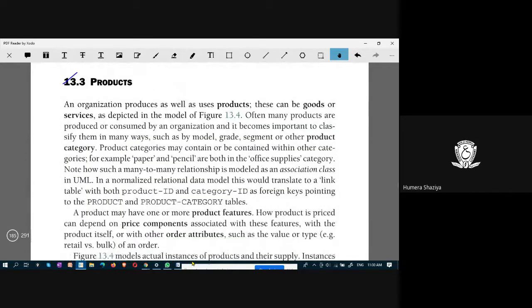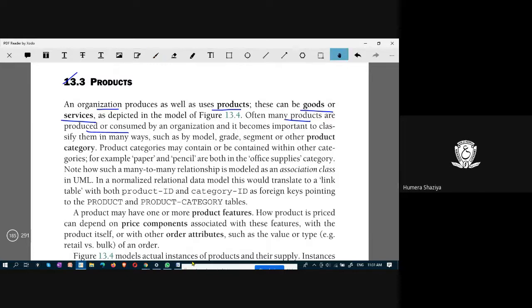Moving forward, it is a product, that is the next core element in an enterprise. Enterprises or organizations produce as well as use products. These can be goods or services. And many products are produced or consumed by an organization.